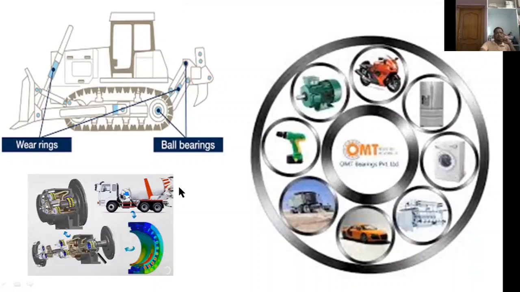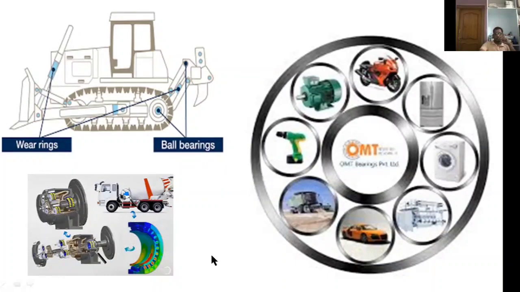Bearings are also used for cranes. This is the application of a crane. In this particular place, ball bearings are used for running the chain. Bearings are also used for lifting this front part.